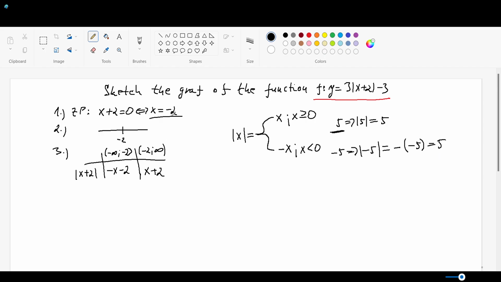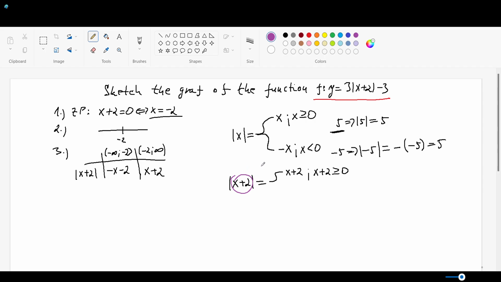So what was happening here, and why did we look for this kind of 0 point or key point? We are looking for the absolute value of x plus 2, and it can again be evaluated as x plus 2 if and only if x plus 2 is greater or equal to 0. You can think about it as a kind of substitution.